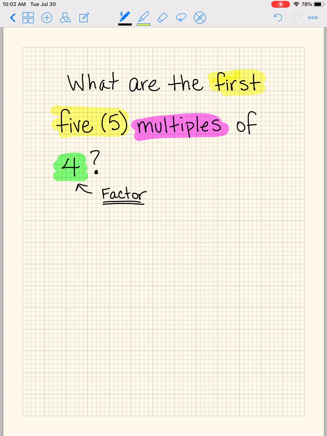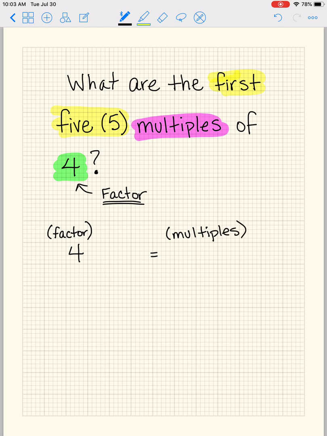I'm going to write down my factor. My factor is 4. Okay, so this is my factor. And then once I set up my multiplication equation, my multiples that I'm looking for are going to be out here past the equal sign. So here are going to be my multiples.